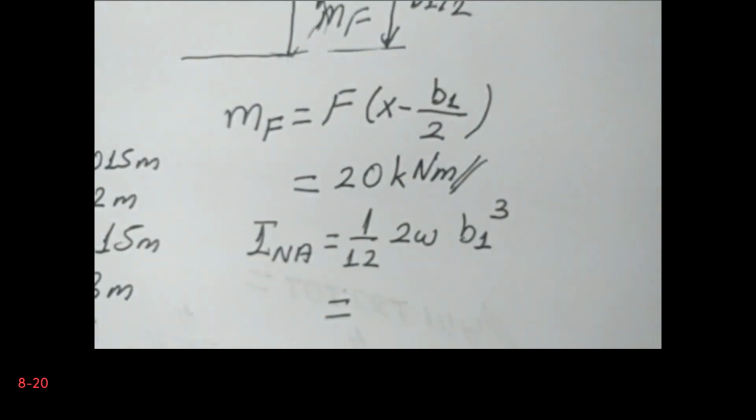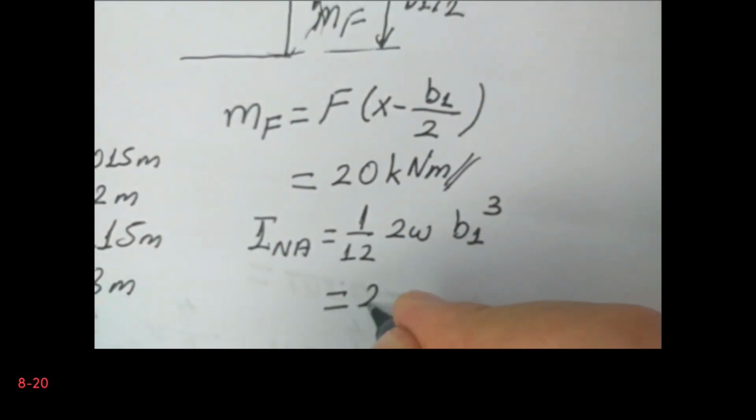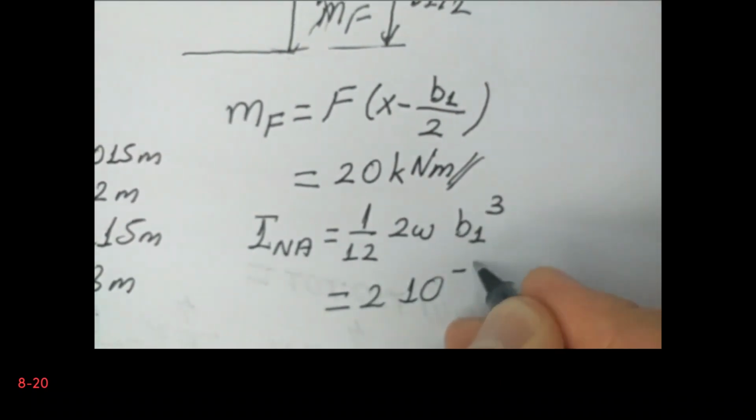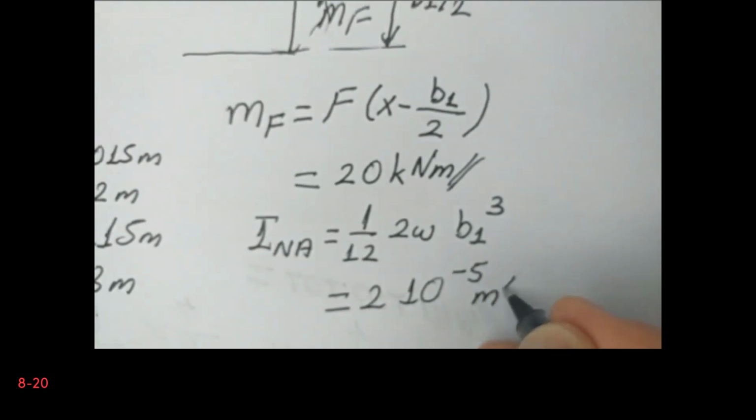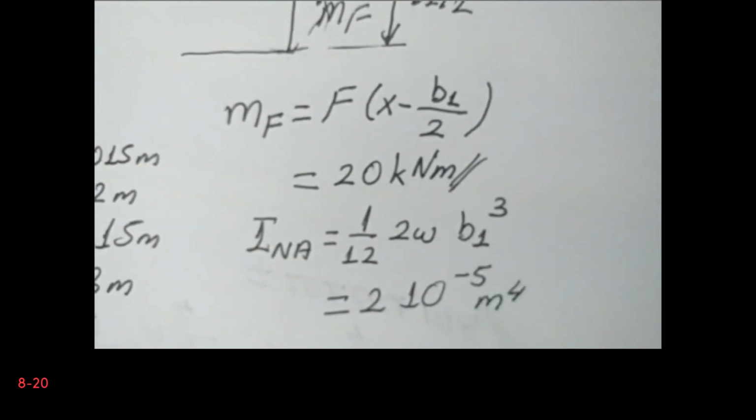The value we have is 2 times 10 to the power minus 5 meter to the power 4. This is the moment of inertia.